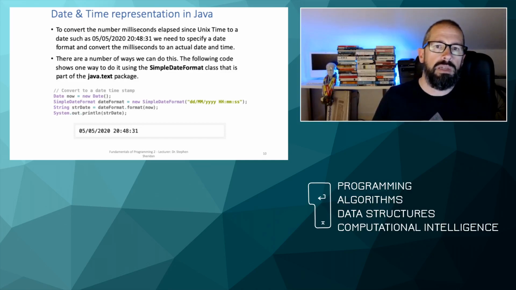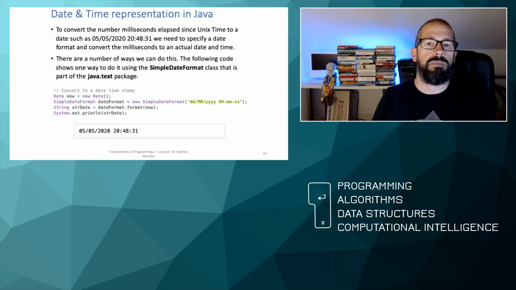So let's do that. In order to do that, I need to also import SimpleDateFormat. Actually, it's not part of the Java util library. In fact, it's part of the java.text package. So I need to import java.text.SimpleDateFormat.